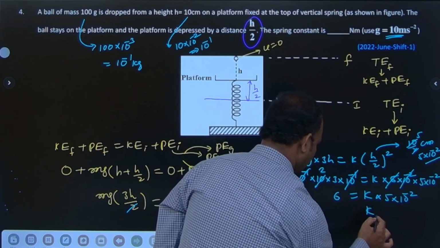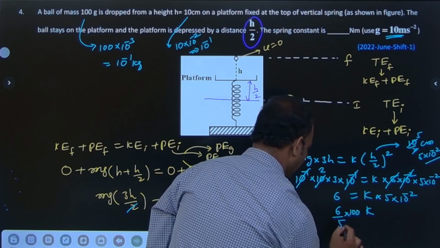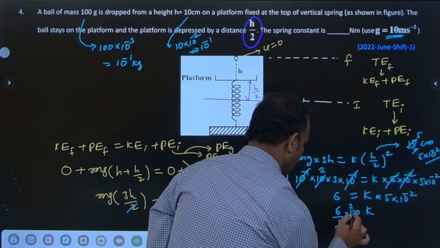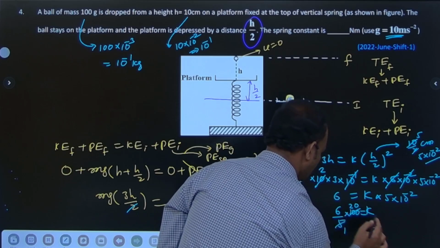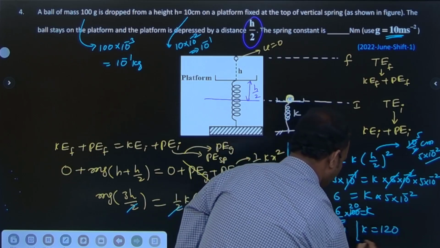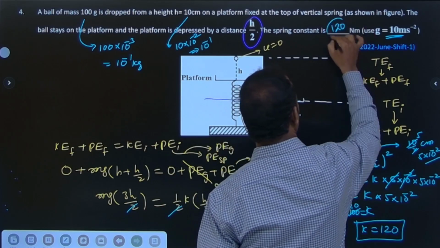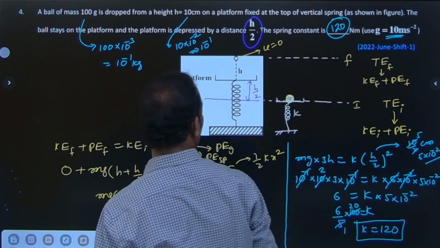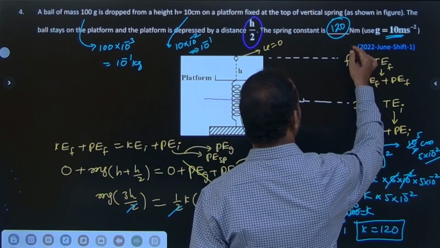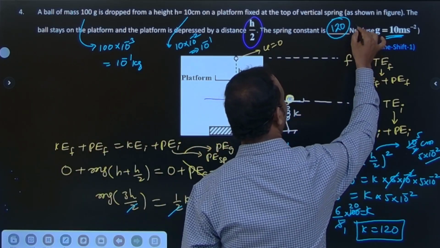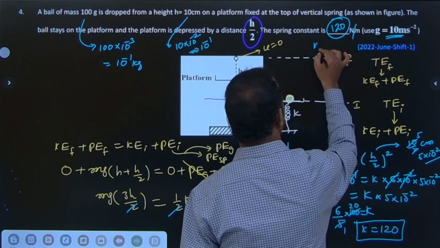So k is equal to 6 by 5, this becomes 100. 5 ones are 5, 5 twos are 0. Then k is equal to 6 twos are 12, 120. The value of k is 120 Newton per meter. It's not Newton into meter. What is the unit of k?